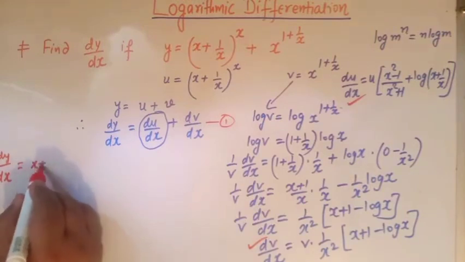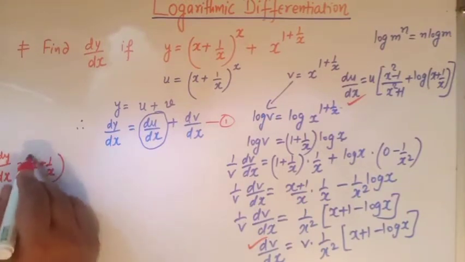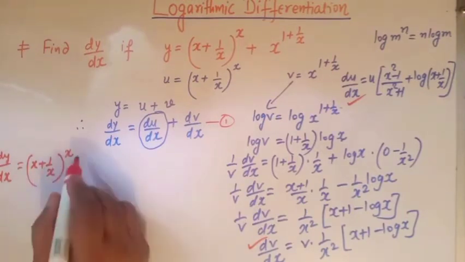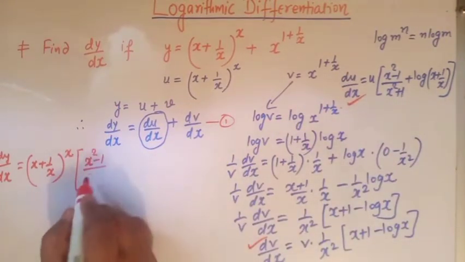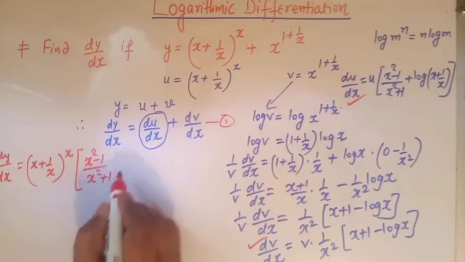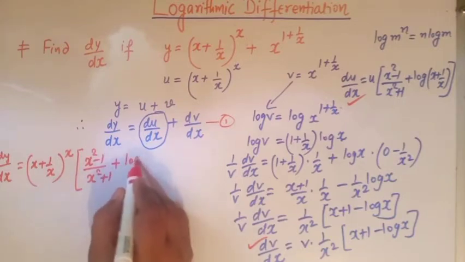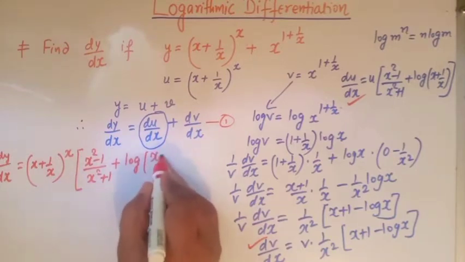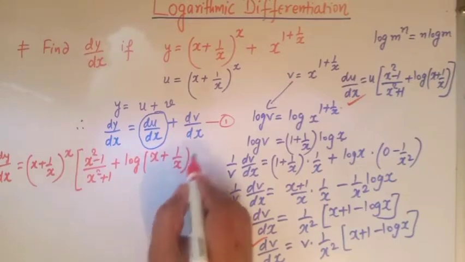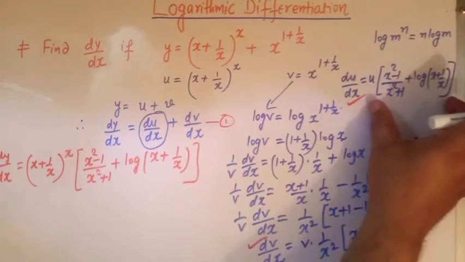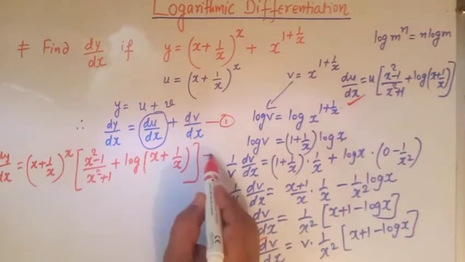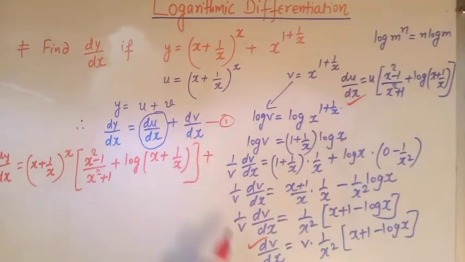So we have x plus 1 over x raised to x, and then we have x square minus 1 over x square plus 1 plus log of x plus 1 over x. Clear? So for du over dx we have written this expression, then plus dv over dx.